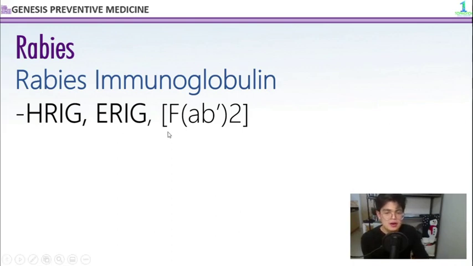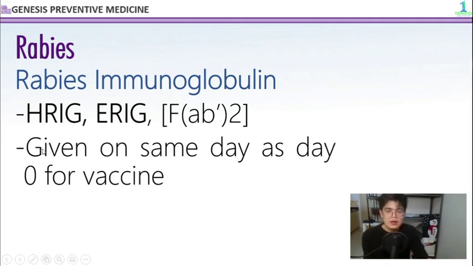This third one, the F(ab')2 in parentheses, is just a formulation of the immune globulin after digestion with papain and pepsin. So it's not really widely used, only these two, HRIG and ERIG. They are given on the same day as day 0 for the vaccine.